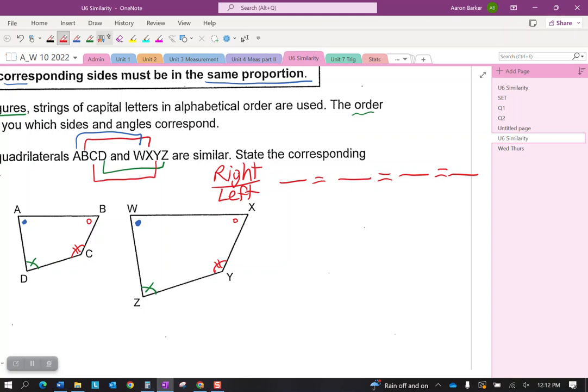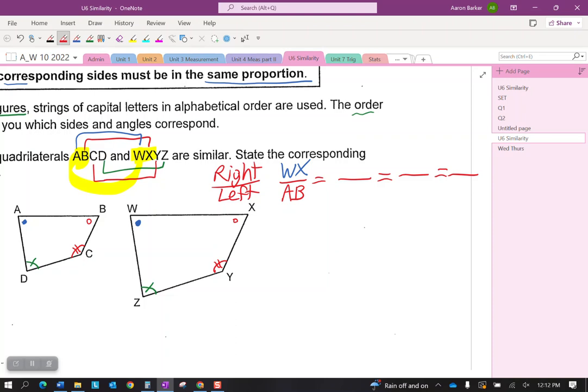So on the right shape, let's say I used WX. So I had WX on top. Now, that WX is the first two letters of the name. So what sides do you think have to go underneath? Probably the first two letters of the other shape, AB.